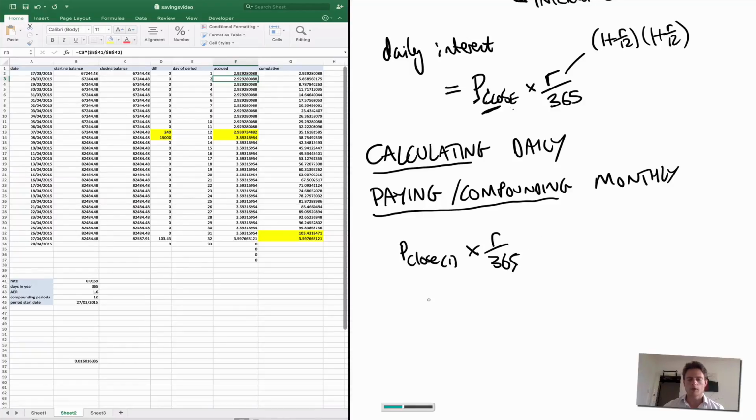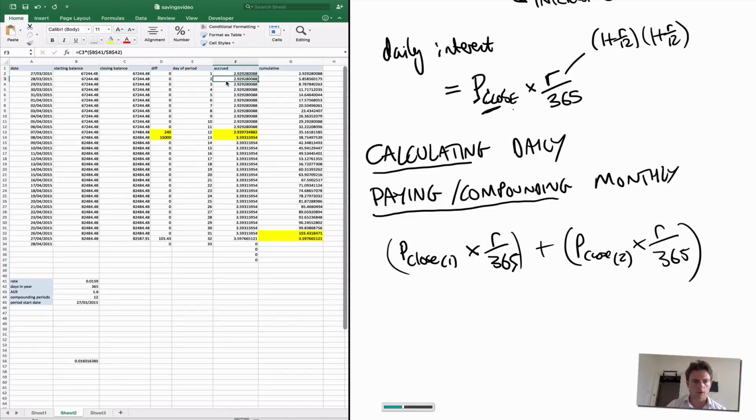After day 2 it's that, plus P close day 2 times R over 365. That's the way it goes during the month. This is our accrued interest each day, and it's identical because the closing balance is identical in the first 11 days.